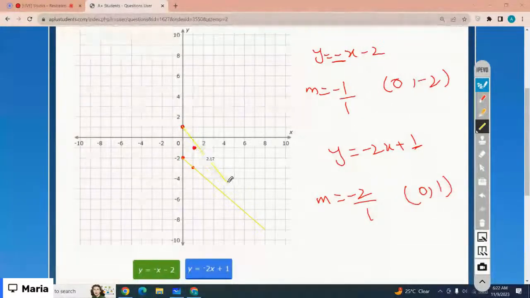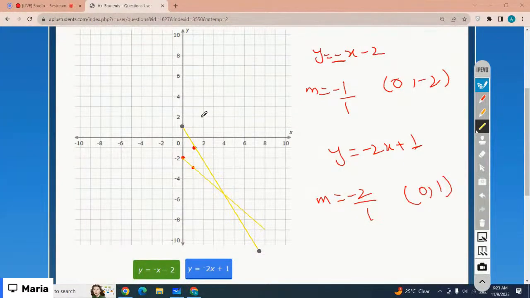So when we're working on the graphs, be very, very careful, right? If you move a line a little bit, you will miss your point of intersection.